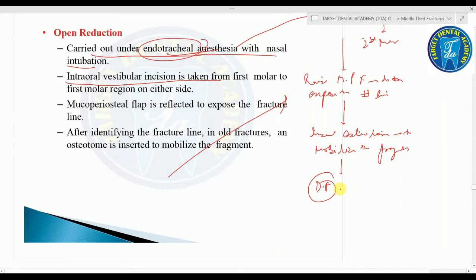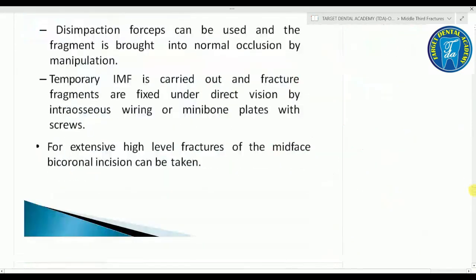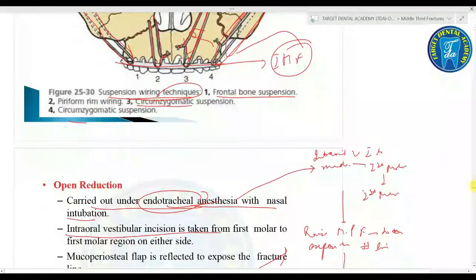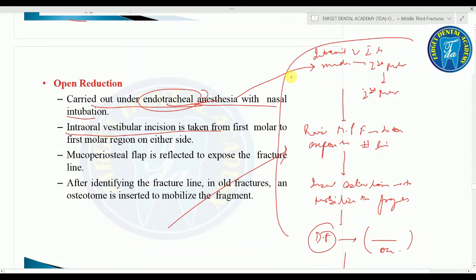The disimpaction forceps can be used to bring the two fragments into occlusion. And after this, you need to do the temporary intermaxillary fixation, and the fracture segments are fixed with the mini bone plates and the screws. So this complete technique is called the open reduction.